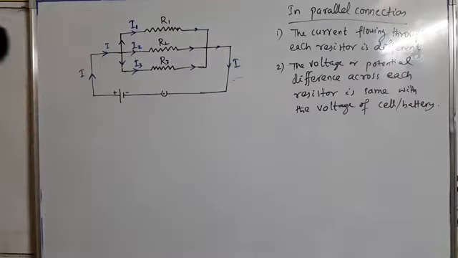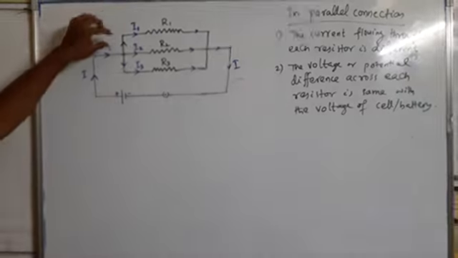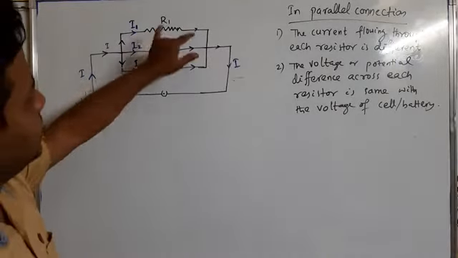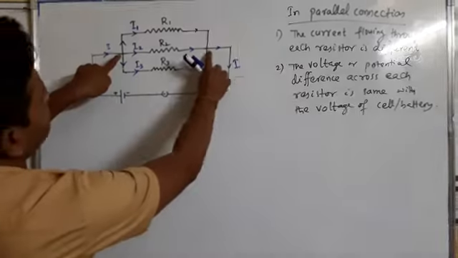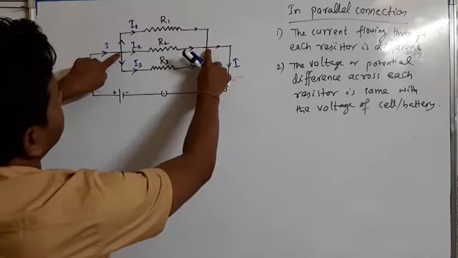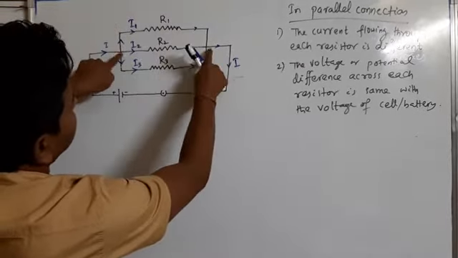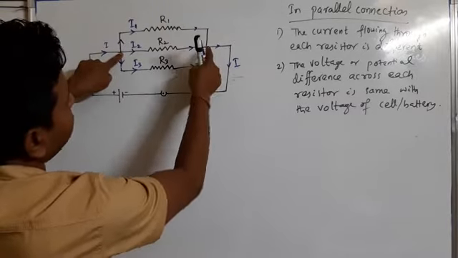It means if you find out the voltage of each resistor, you can see here, these are the 2 points with which all the resistors are connected, between the same 2 points.